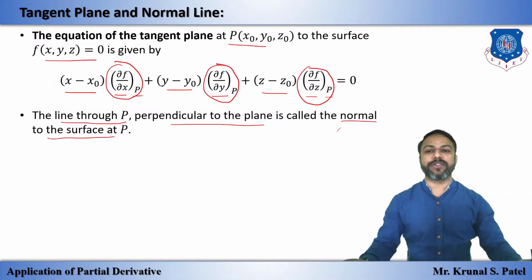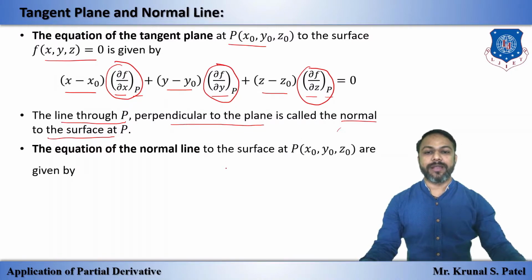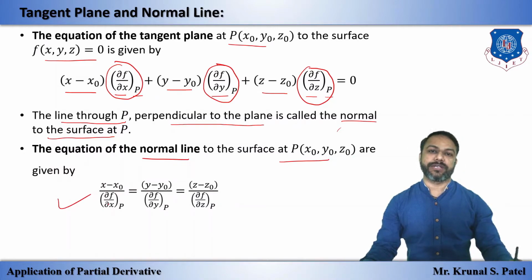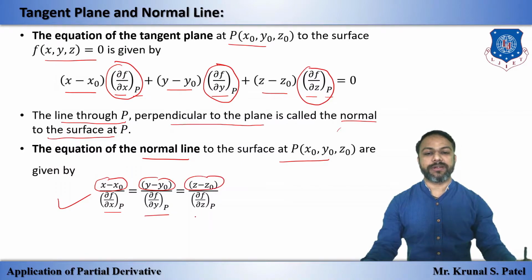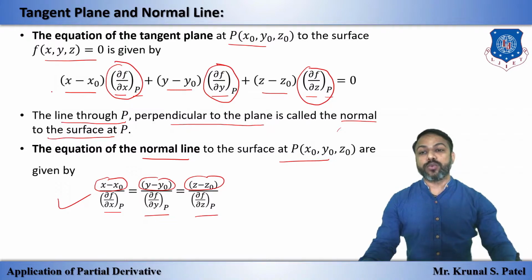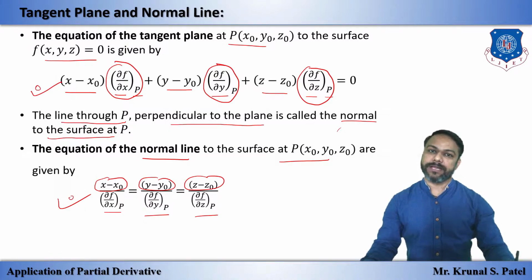The equation of the normal line to the surface at point P is (x - x0) divided by this derivative, (y - y0) divided by this derivative, and (z - z0) divided by this derivative. These are the two equations of the tangent plane and normal line.